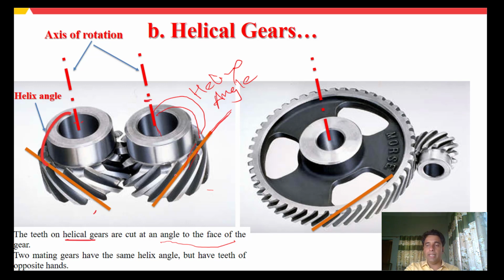So you can say these are the direction of the helix which formed. Therefore, this gear is called a right hand helix, and this gear is called a left hand helix. So here it is mentioned two mating gears have the same helix angle but have teeth of opposite hands. So that you need to understand.